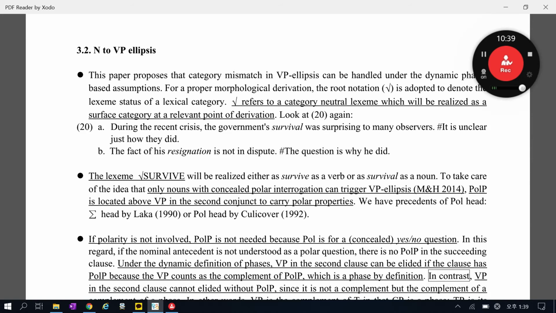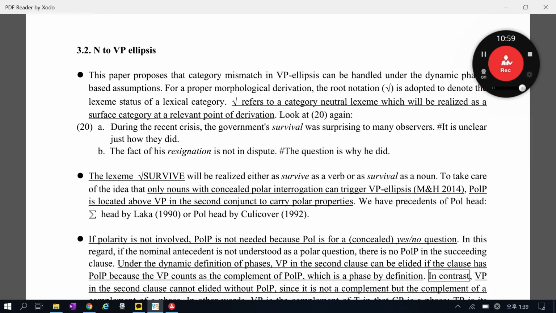For a proper morphological derivation, the root notation is adopted to note the lexeme status of a category. Root refers to a category-neutral lexeme which will be realized as a surface category at the relevant point of a derivation.